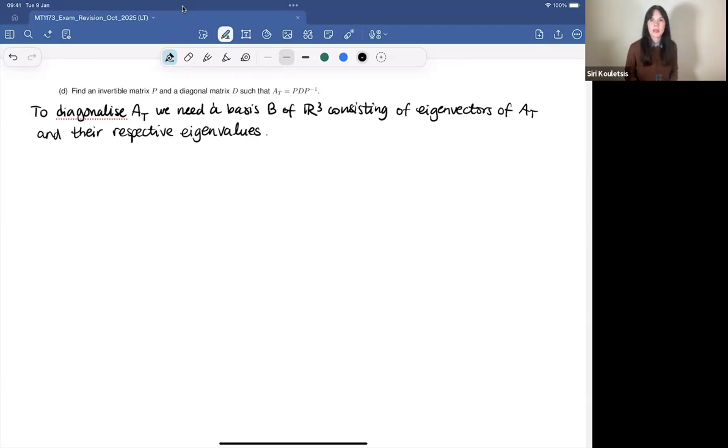And I claim here that one of the eigenvalues of AT is 0. And let's see why.